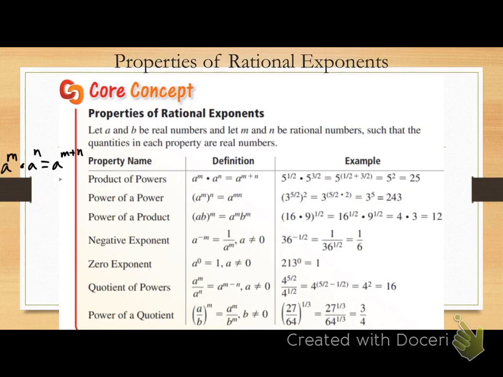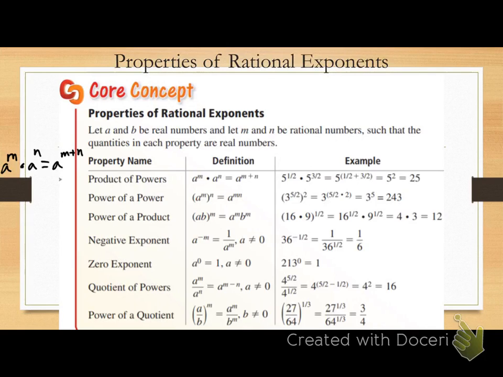You can go back into your book and look at it later. I'm trying to write it bigger for you guys so you can see it a little better. So if I'm multiplying two things that have the same base, I can add the exponents. If they don't have the same base, can I add the exponents? No, they have to have the same base.